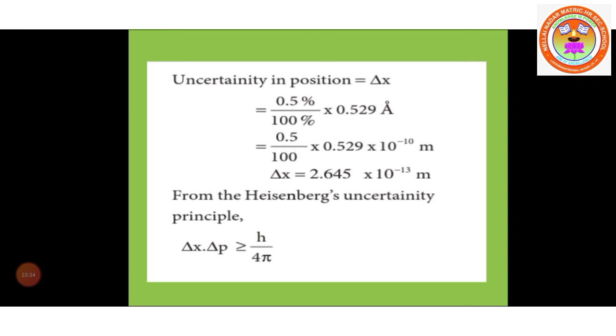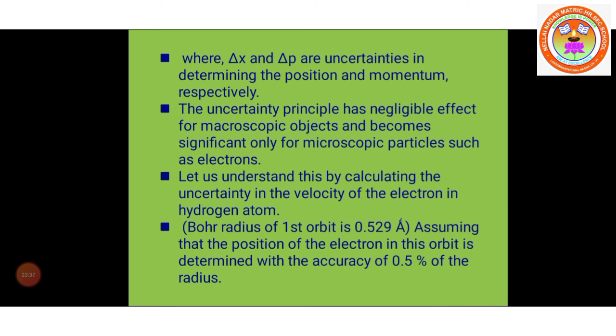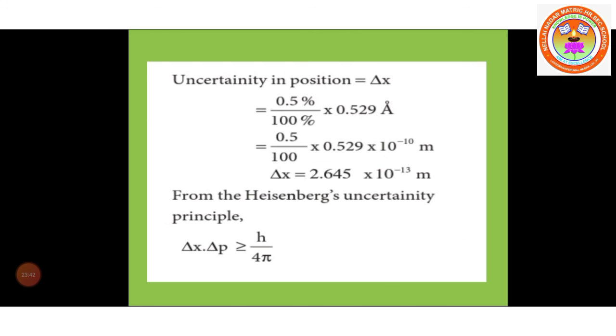What is the accuracy? The position accuracy is 0.5%. Percent means we have to divide by 100. So 0.5 divided by 100, multiplied by the radius of the first orbit, 0.529 Angstrom. One Angstrom is equal to 10 to the power of minus 10 meter, so instead of Angstrom we substitute the values in meter.